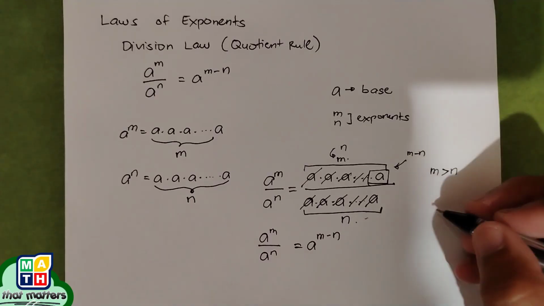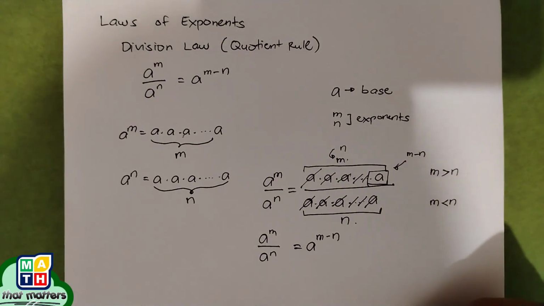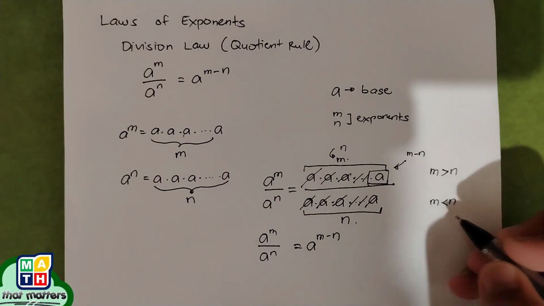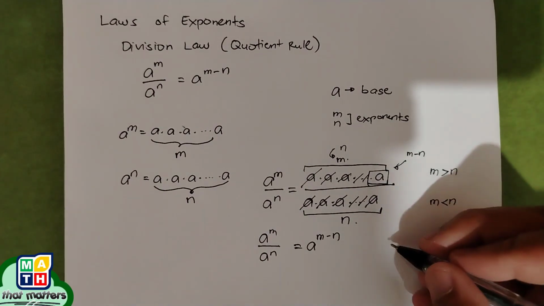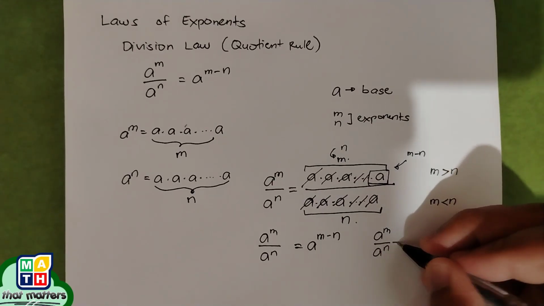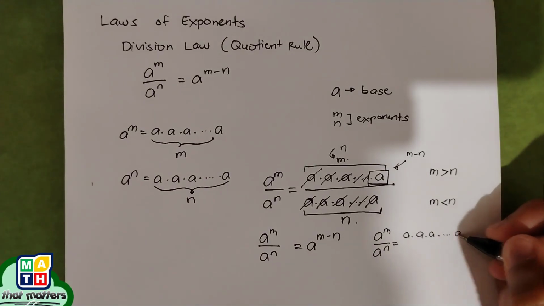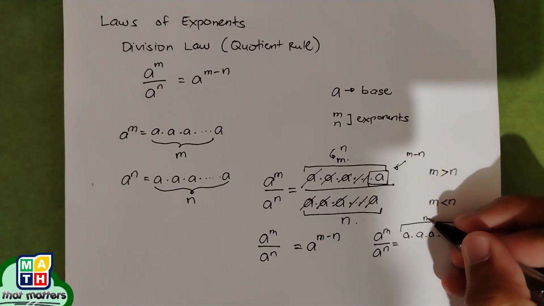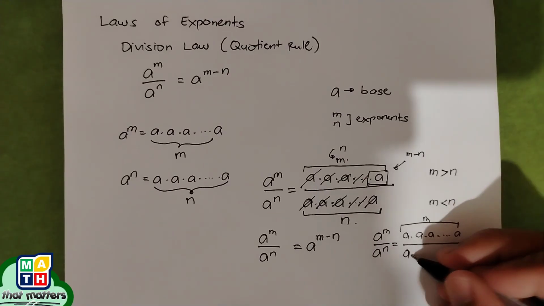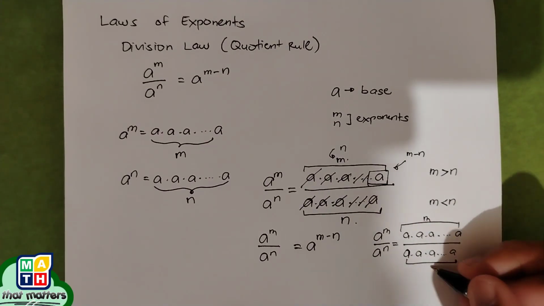Now, another situation is, of course, if m is less than n. Since m is less than n, let me rewrite this expression, a to the power of m over a to the power of n. You have a times a times a times dot dot dot times a, where there are m of them, over our denominator a times a times dot dot dot, where there are n of them.